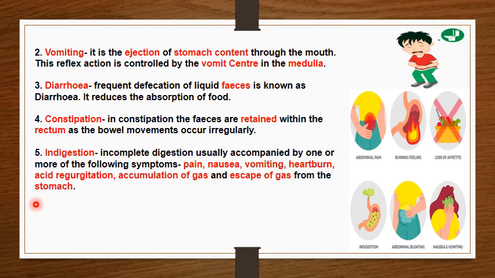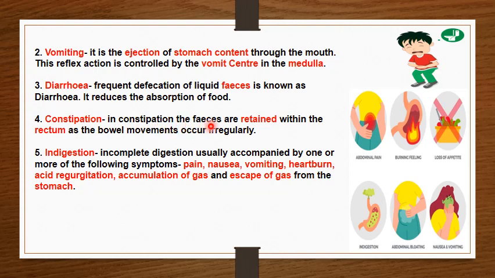2. Vomiting. It is the ejection of stomach content through the mouth. This reflex action is controlled by the vomit center in the medulla. 3. Diarrhea. Frequent defecation of liquid fecal matter is known as diarrhea. It reduces the absorption of food. 4. Constipation.